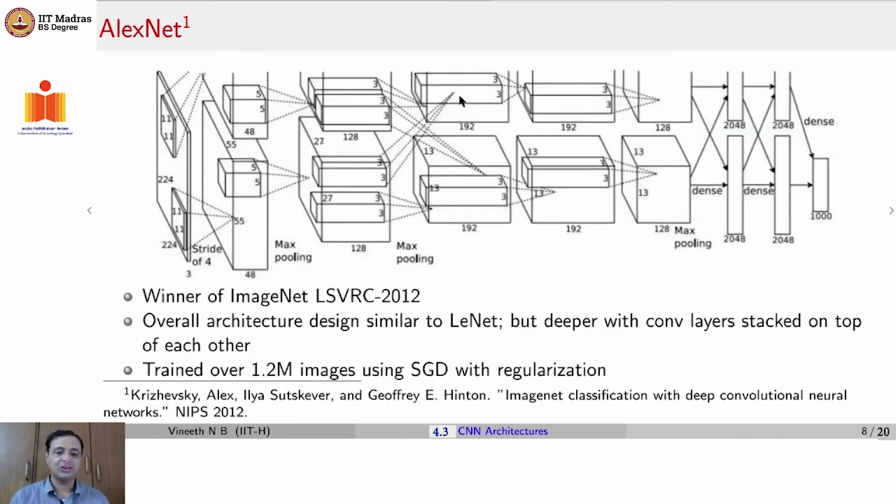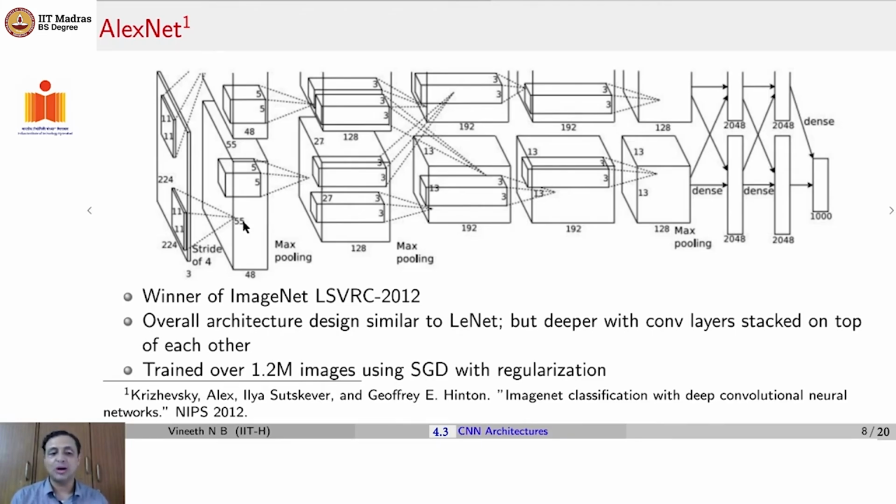Here was the architecture of AlexNet. We actually looked at the first layer of AlexNet as an example when we worked out the sizes in the first lecture on CNNs. The input is a volume which is given by 224 cross 224 cross 3, which is the RGB channel, and the filter size was 11 cross 11, of course a depth of 3, which follows in all of these scenarios, and with a stride of 4.